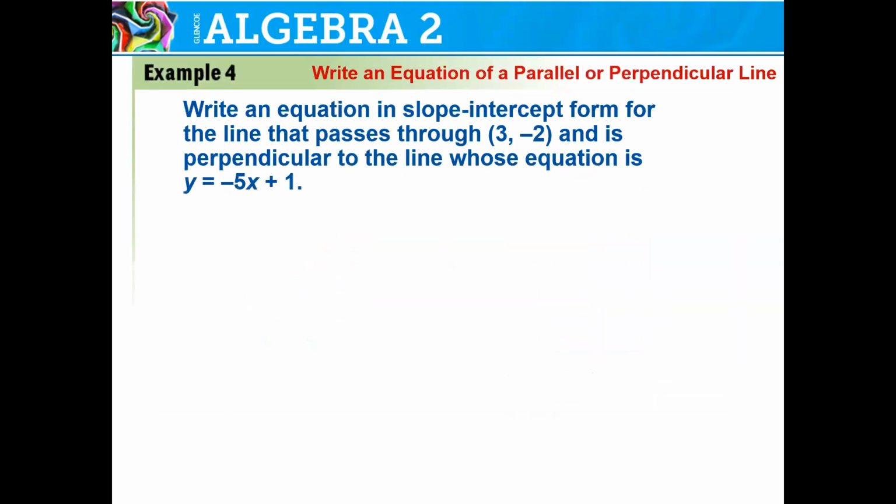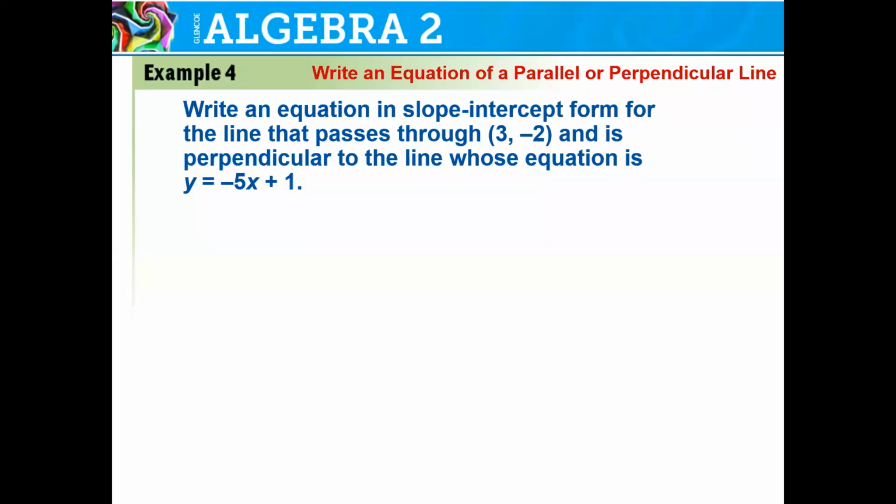All right, write an equation in parallel or perpendicular line. It says write an equation in slope-intercept form for a line that passes through 3, -2, and is perpendicular to the line whose equation is y equals -5x plus 1.